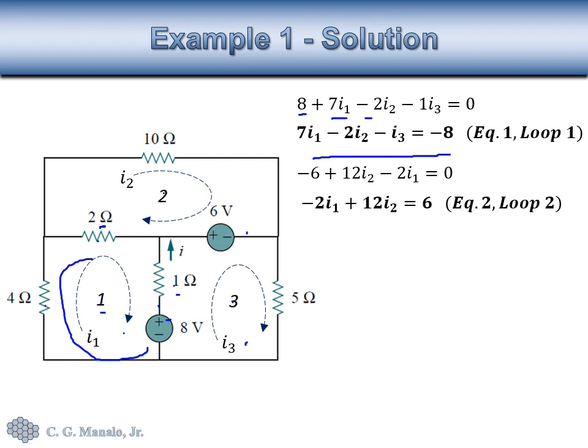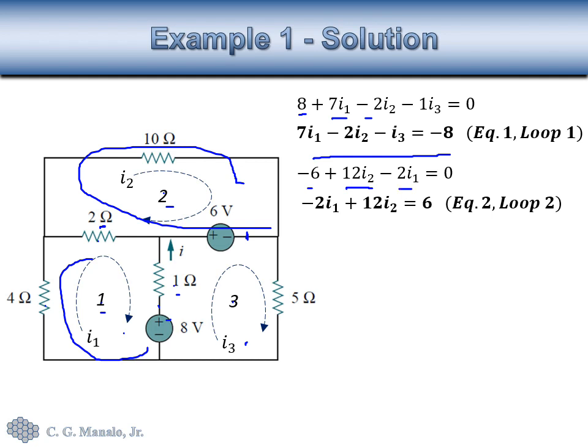For loop number 2, we have this equation. Starting here, moving again in the clockwise direction, same as the direction of the loop current. So minus 6, 2 plus 10, that would be 12I2, so positive 12I2, minus any drop outside of this loop 2, so that would be minus 2I1.